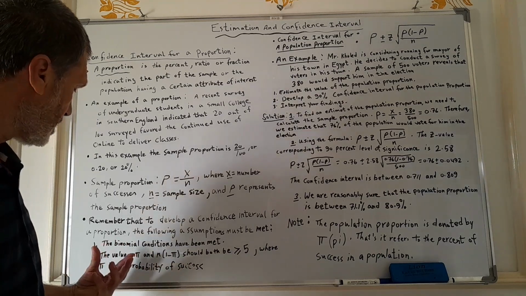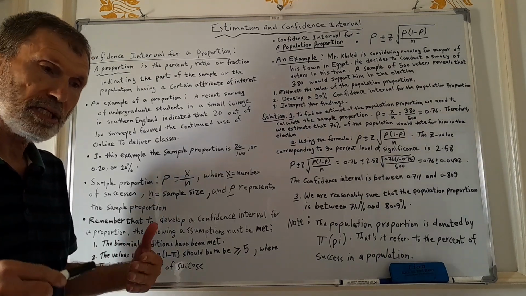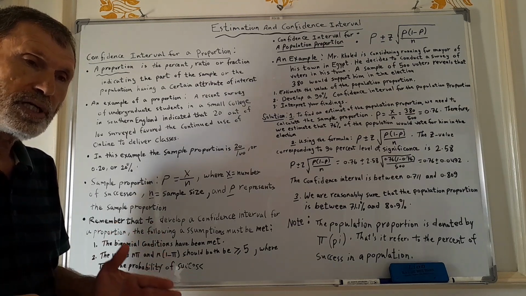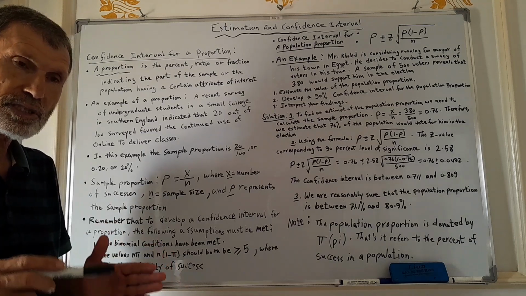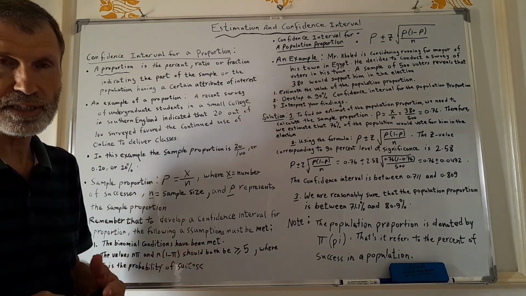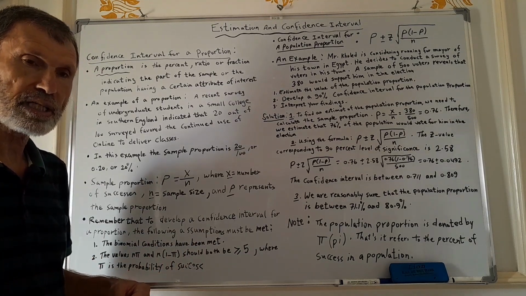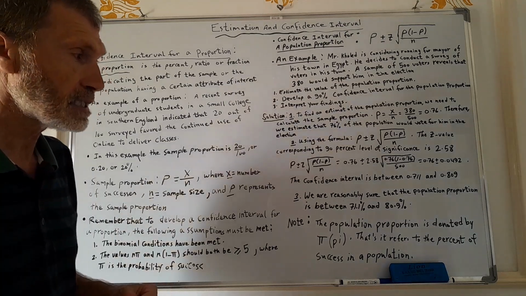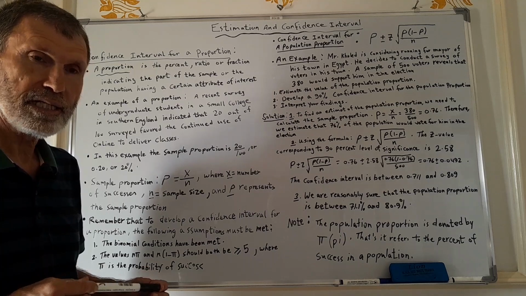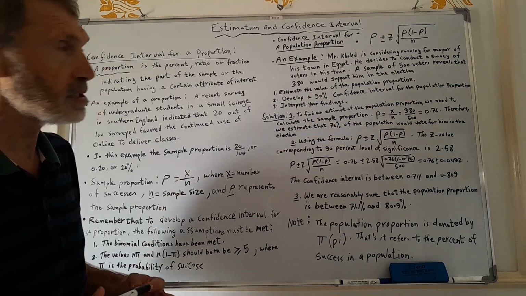This condition invokes the central limit theorem, which employs the standard normal distribution where we calculate the z, which is important in order to use the confidence interval.